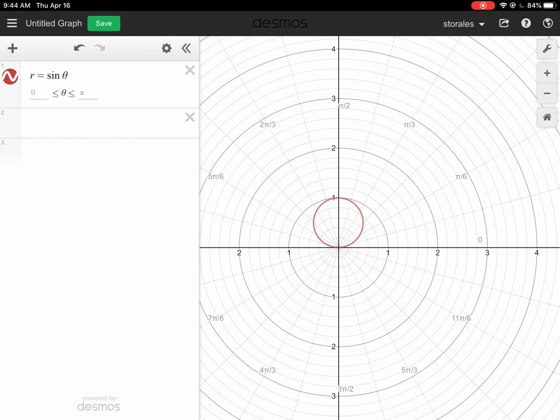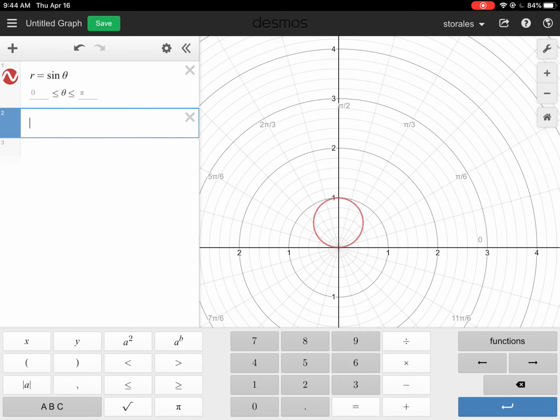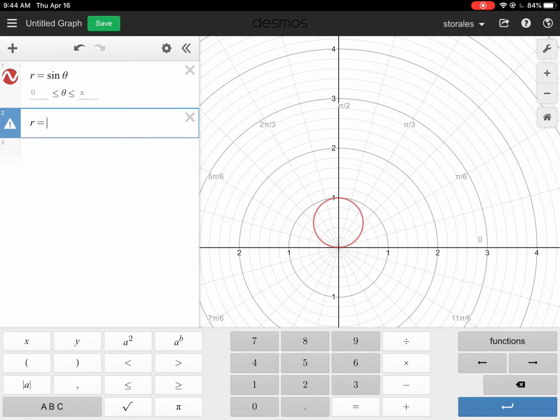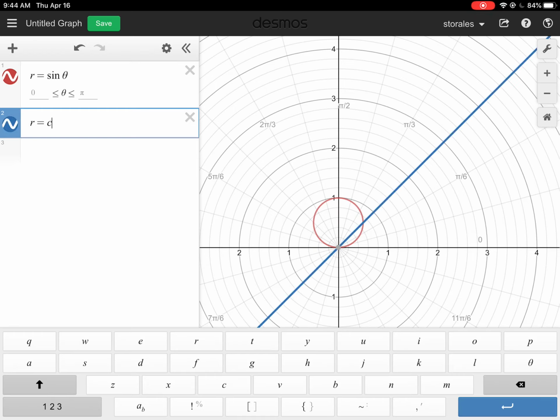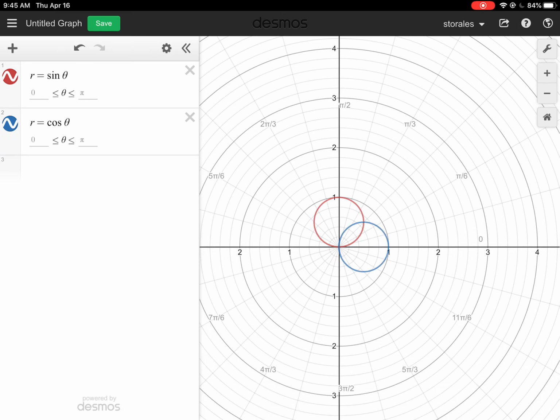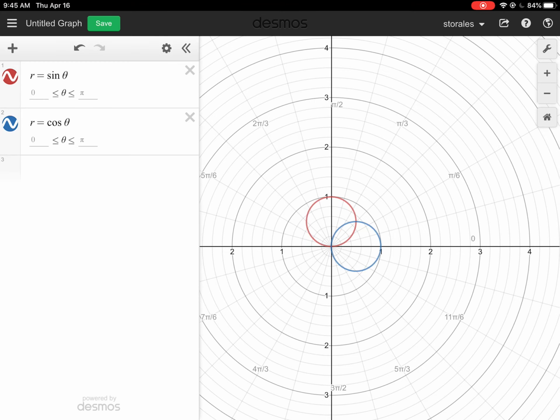If you want to play around, you can also try r equals cosine theta. And you see now we have a circle of radius 1/2 with symmetry with respect to the horizontal axis.